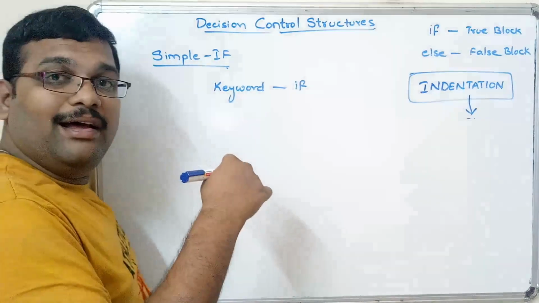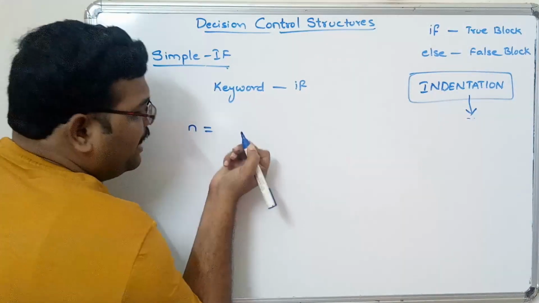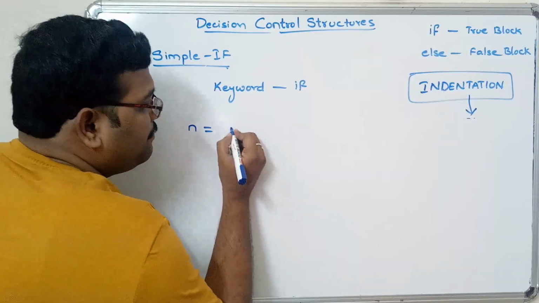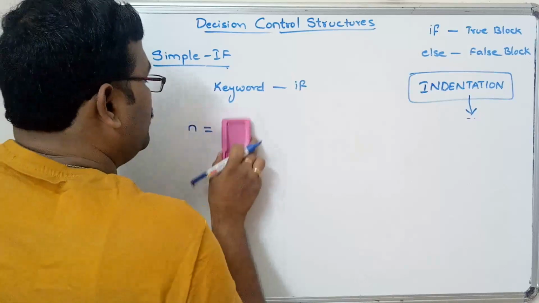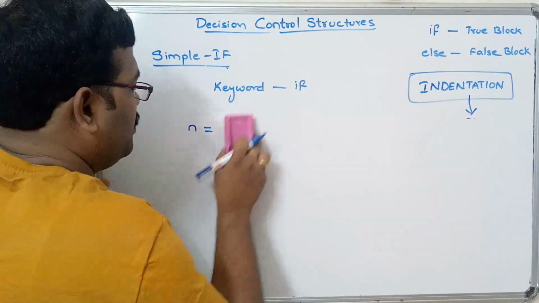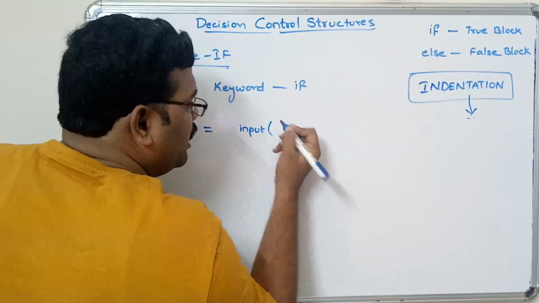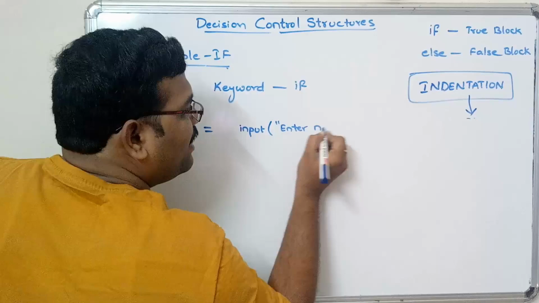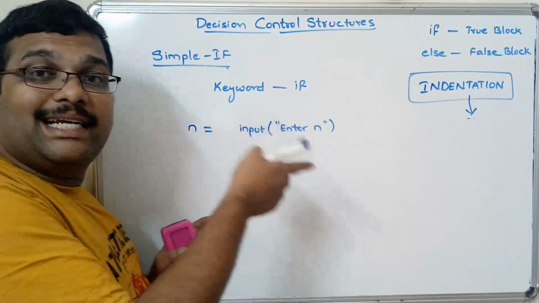First read the value. For reading, we write n is equal to input of 'enter n', right? This gives a string.